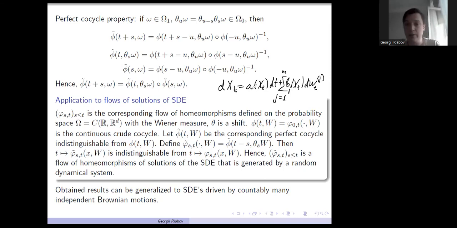Almost nothing changes in the proof of the homeomorphic property, except estimates become somewhat more complicated. In fact, one can do the same even for equations driven by infinitely many Brownian motions.